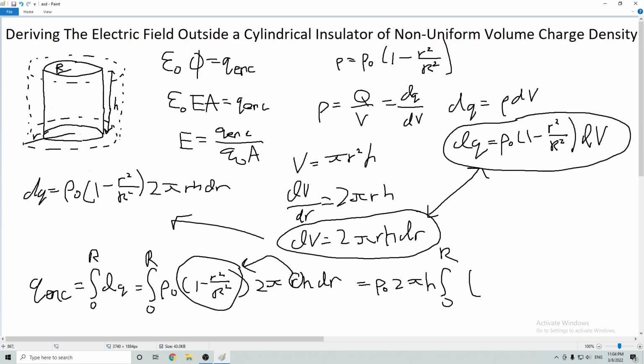I'm just going to multiply them right here to make our life easier. So then it becomes rho naught 2 pi h, integral from 0 to big R of r minus r cubed over big R squared, dr.